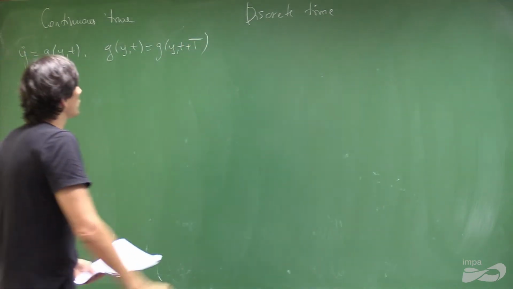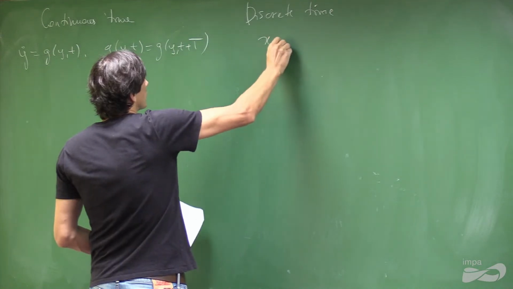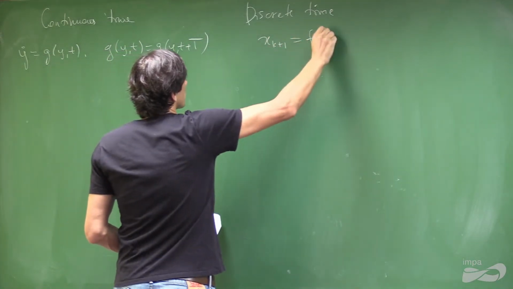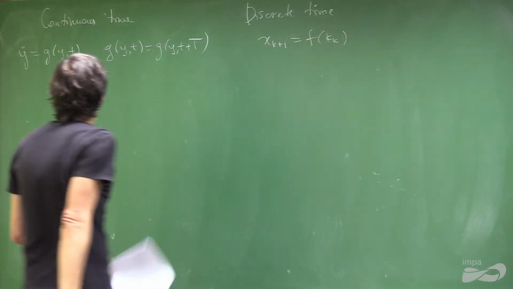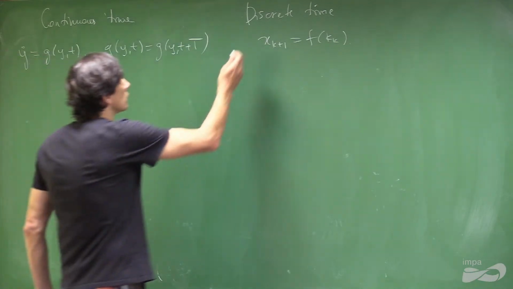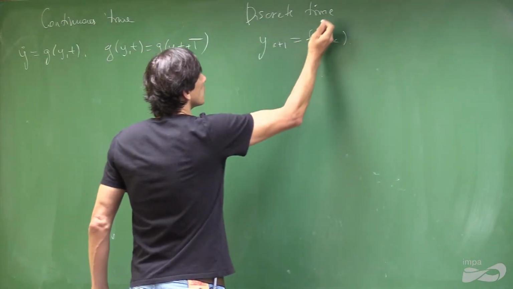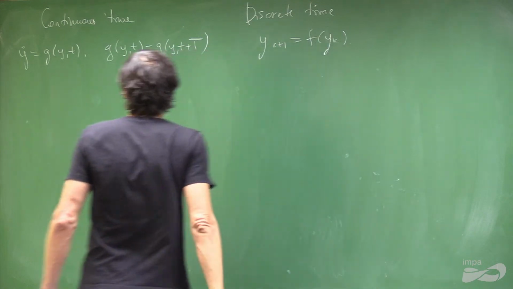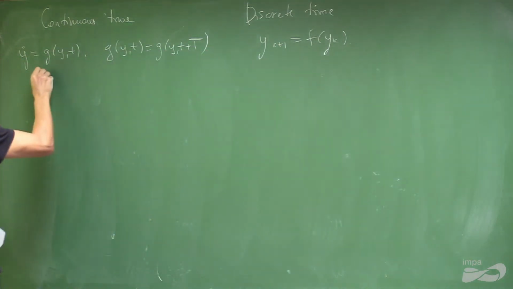In discrete time, it was simpler: x_{k+1} equals f(x_k). Then we had the linearized system.